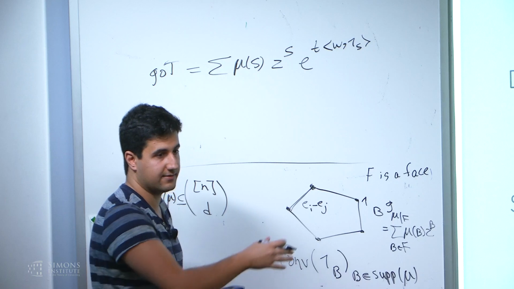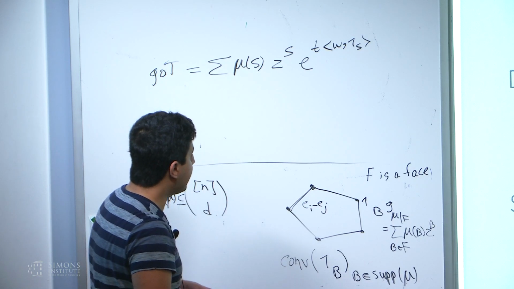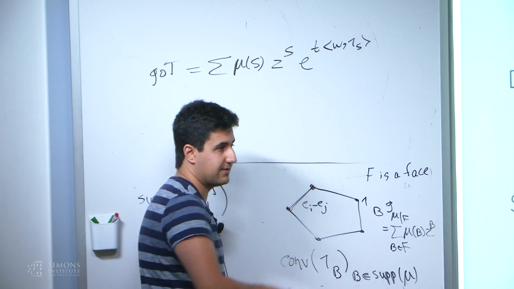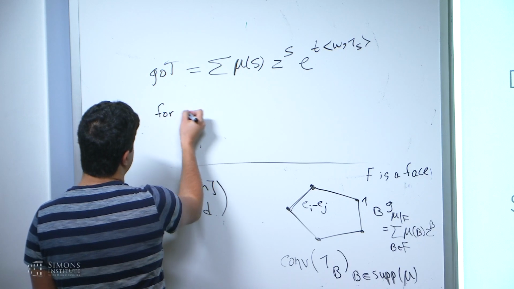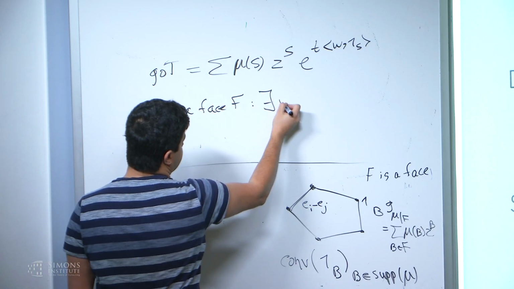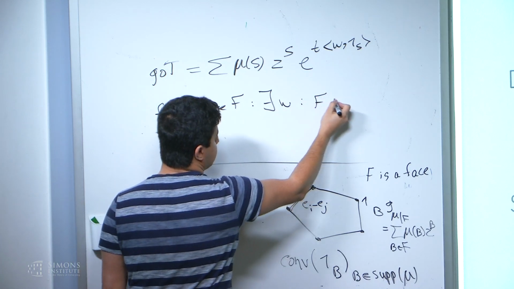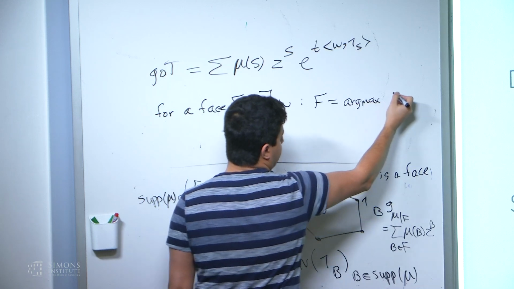Okay, so that's how those scalars come out, right? And now if you look at a face of your polytope, there is some vector w. So for a face f, there exists a vector w such that the face is basically the argmax of inner product with w.